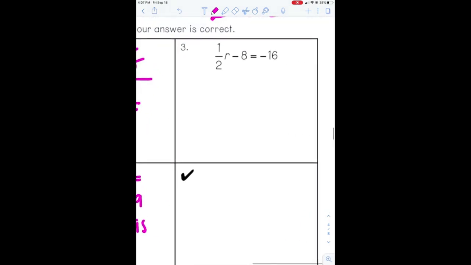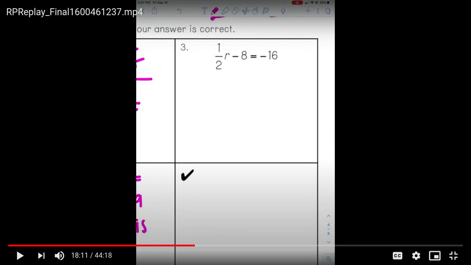Okay, and here is number 3. So go ahead and pause and work that one out and then check your answer. So now that you've paused, here's me working out number 3.